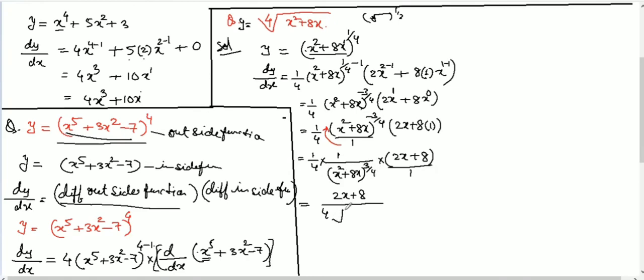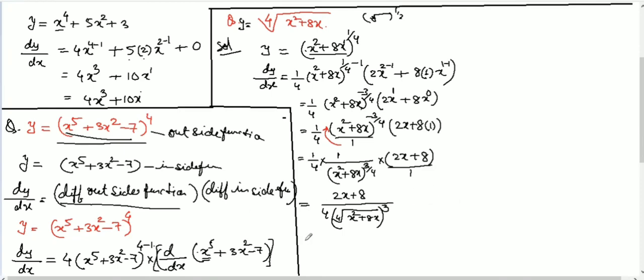So fourth root of this will come here and write down inside x square plus 8x. Give the bracket sign and this power is 3. And then multiply by 2x plus 8, we already multiplied, so no need to write it there.